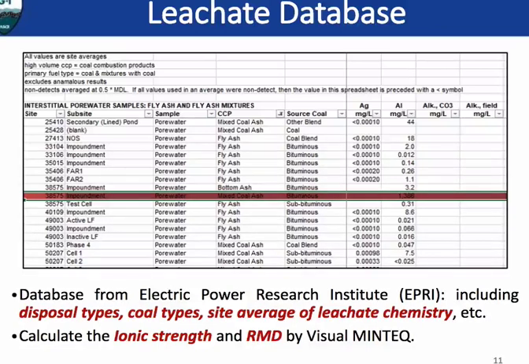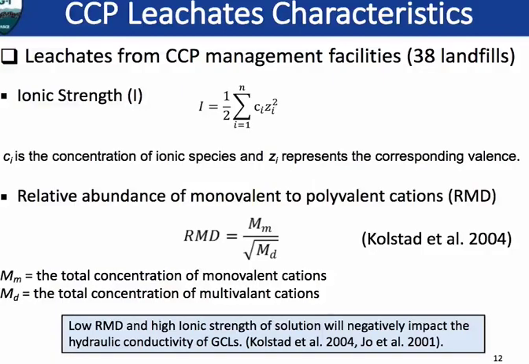So based on this data, we calculate the ionic strength and the RMD using Visual MINTEQ to understand the leachate chemistry. Because the leachate chemistry is very complex, we simplify the leachate into 2 simple parameters. Why are these 2 parameters very important?